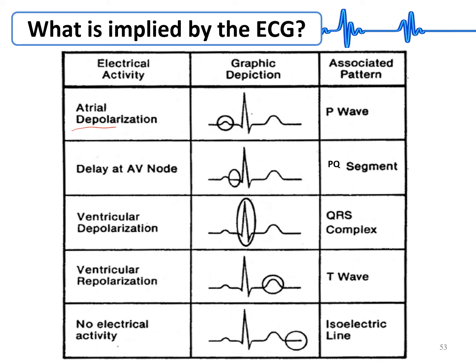When the impulse arrives at the AV node, it is delayed. That's why there is no wave here. It is called the PQ segment. This shows the journey of the impulse spreading until it reaches the AV node, then is delayed.